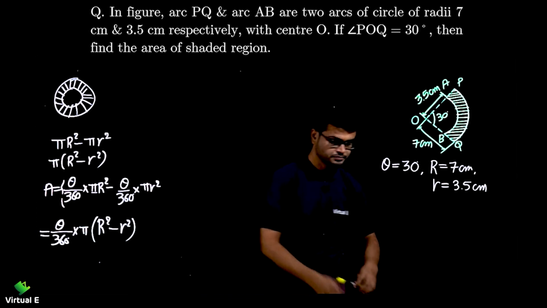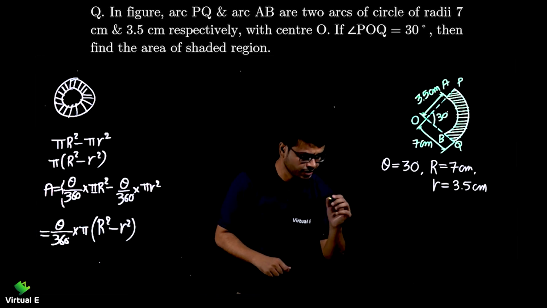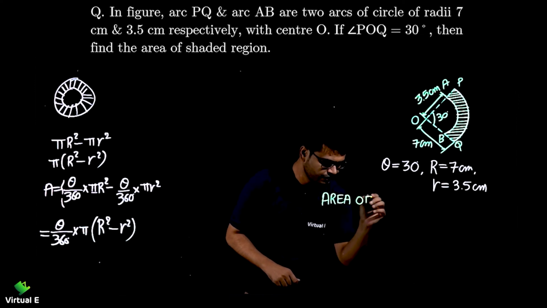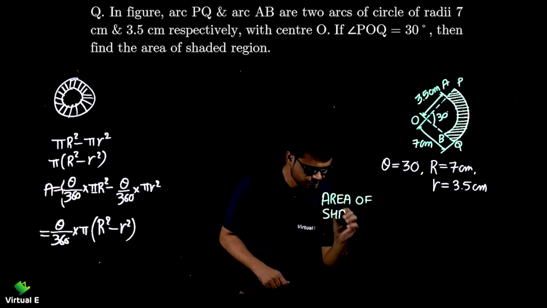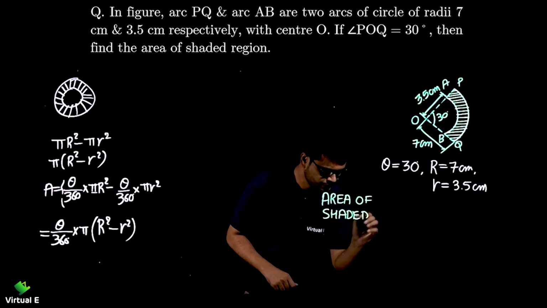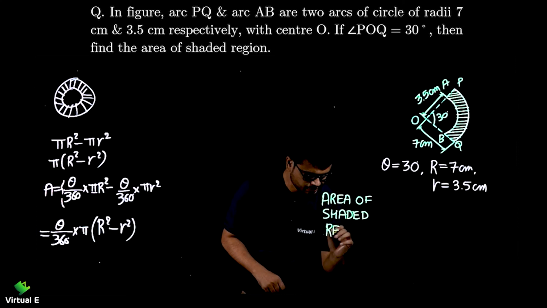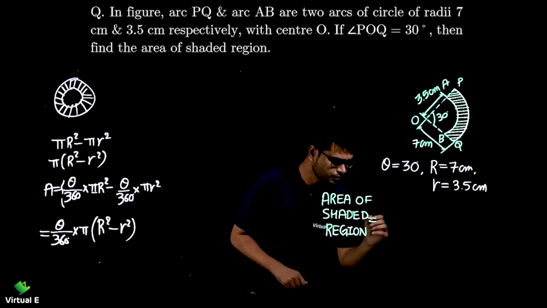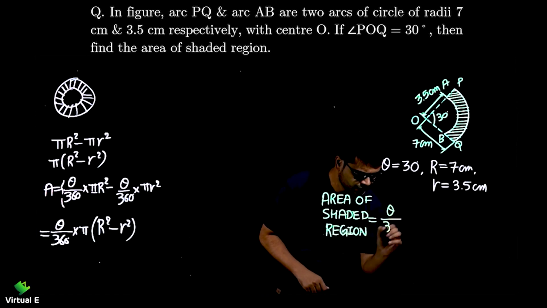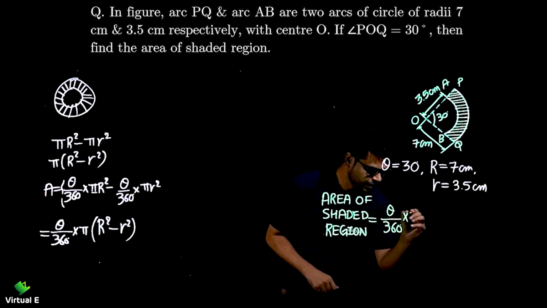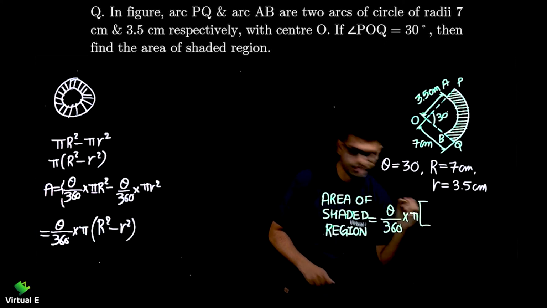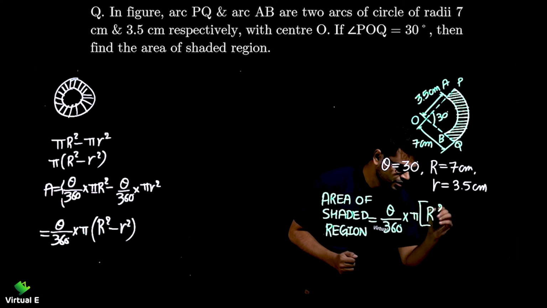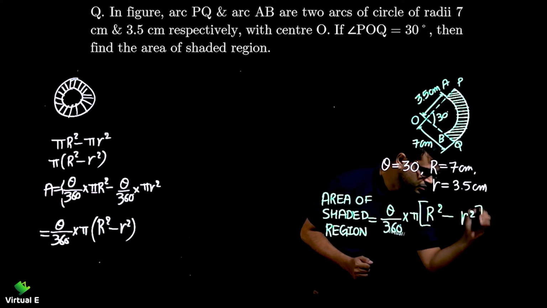The formula is, I am writing the direct formula, area of shaded region is equal to theta by 360 degrees multiplied by pi, and here see capital R square minus small r square.